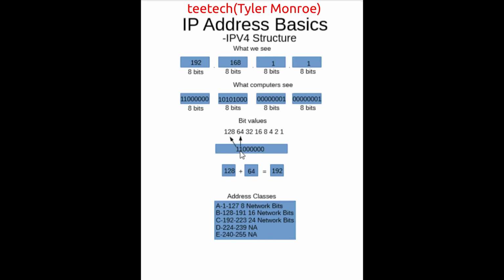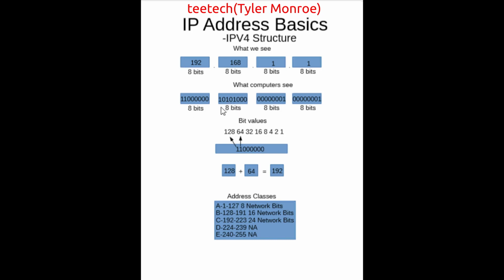So what I do is I take 128, and then I take 64, because those are the bit values for each of the bits here, and I add them together. And when I add them together, I get 192. So then you just take that and put that in a section.